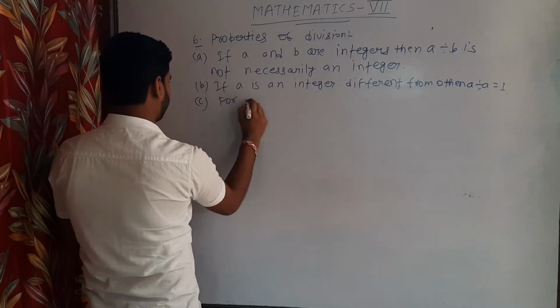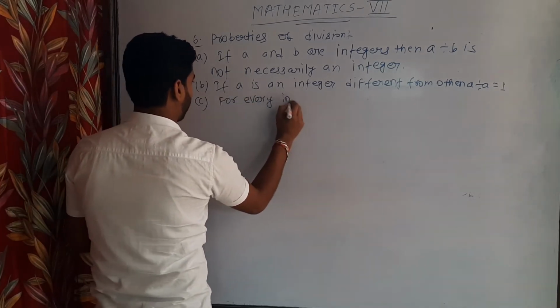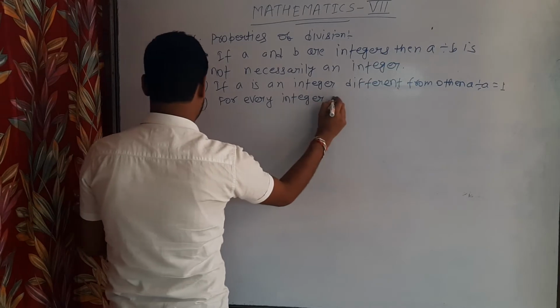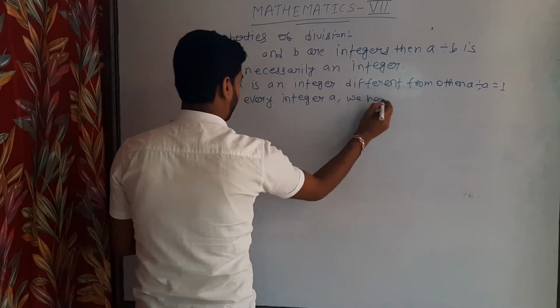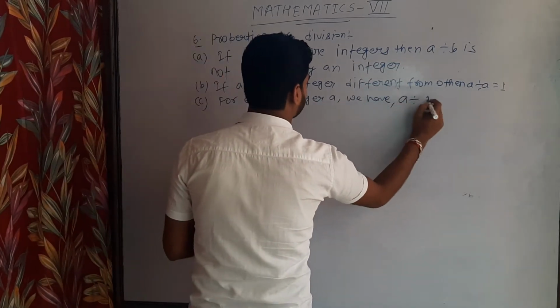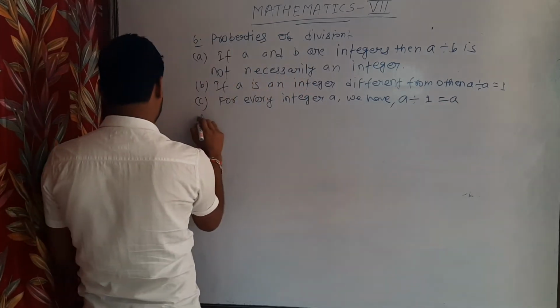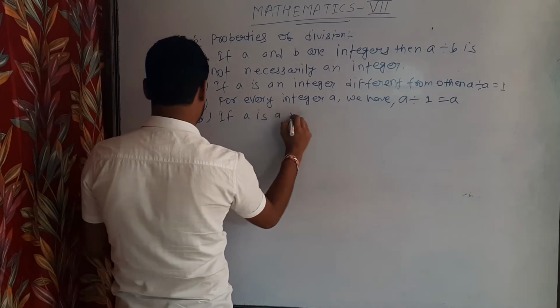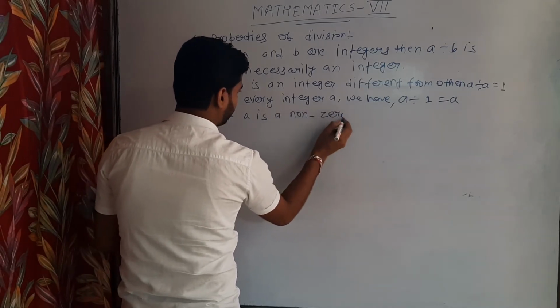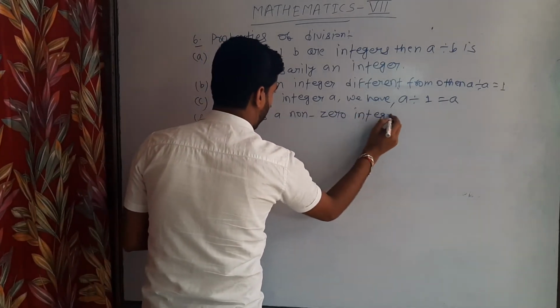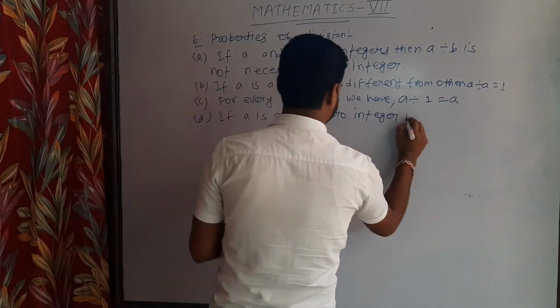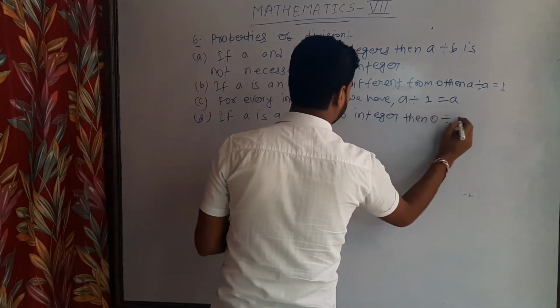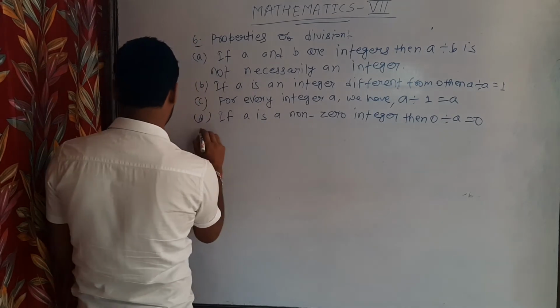For every integer a, we have a divided by 1 is equal to a. If a is a non-zero integer, then 0 divided by a is equal to 0.